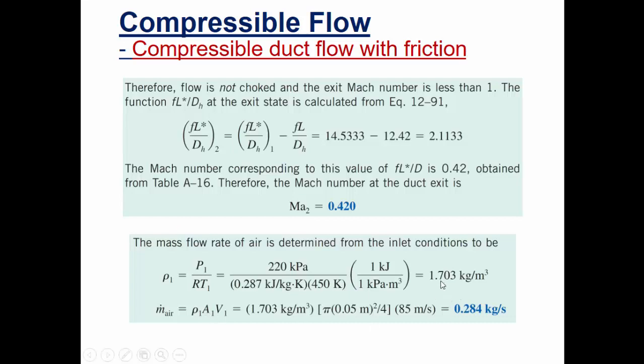So our density here is equal to 1.703, and from there we can find our mass flow rate equal to 0.284. Basically that is our discussion on compressible flow in a duct considering friction.